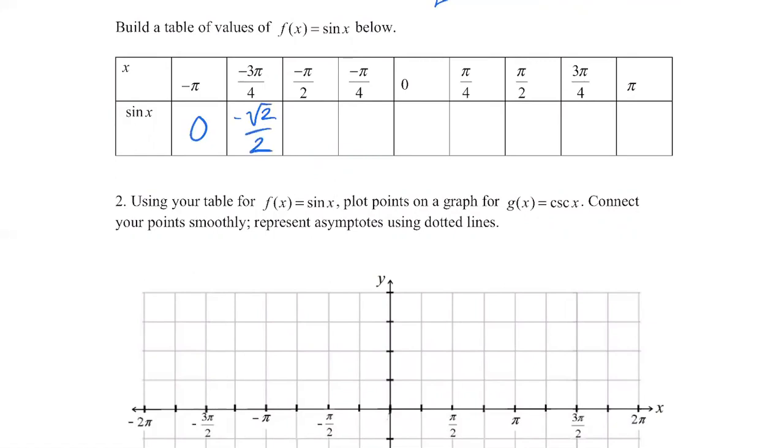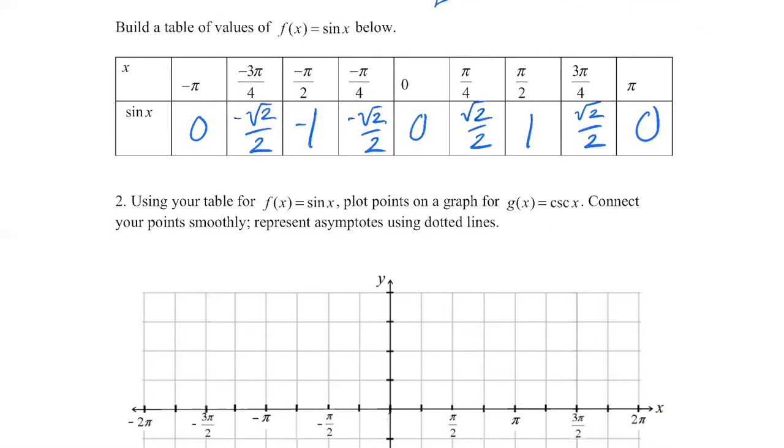The sine of negative pi over 2 is negative 1. The sine of negative pi over 4 is also negative root 2 over 2. The sine of 0 is 0. The sine of pi over 4 is positive root 2 over 2. The sine of pi over 2 is 1. 3 pi over 4, we've got, again, positive root 2 over 2. And the sine of pi is 0.